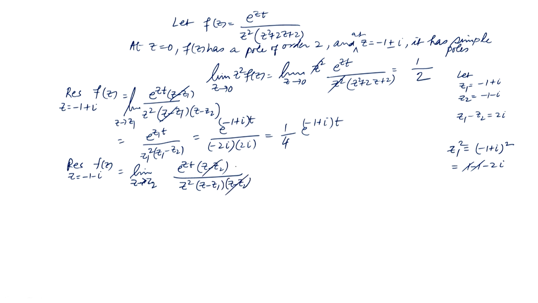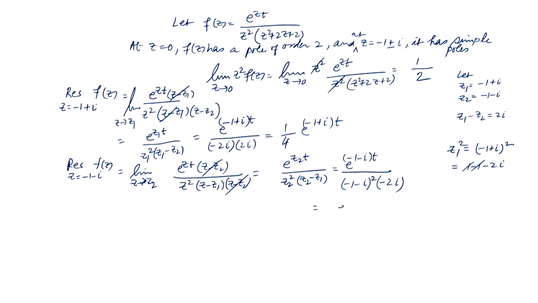This cancels and we get e to the power z2 t over z2 squared (z2 minus z1). So z2 is minus 1 minus i, so e to the power (minus 1 minus i) t divided by (minus 1 minus i) whole squared, and we get z2 minus z1 as minus 2i.